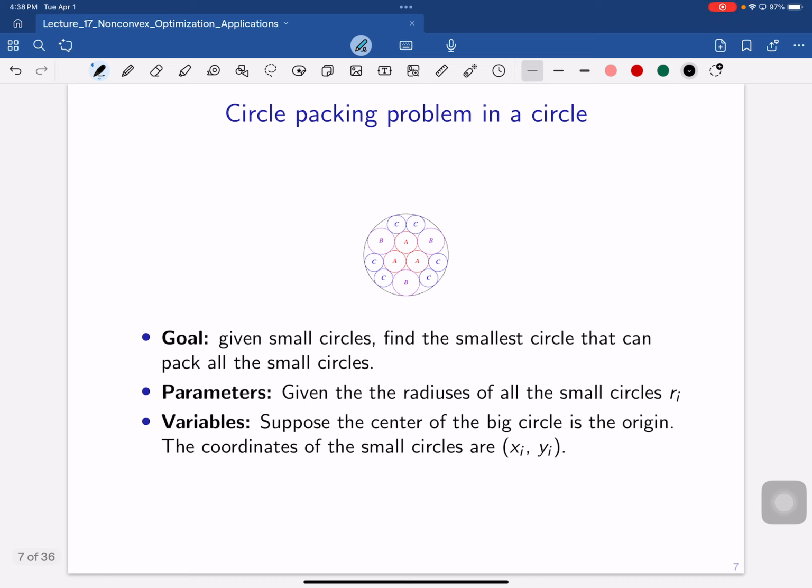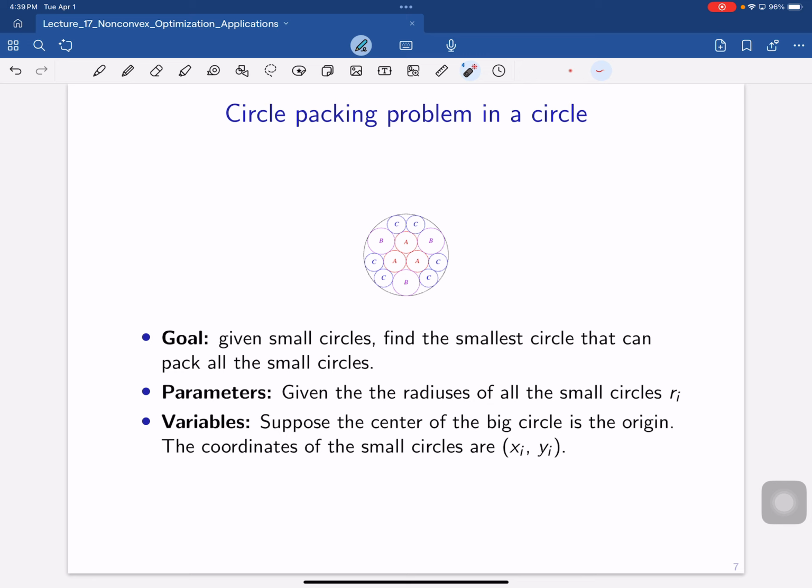Probably the simplest packing problem is packing circles in a circle. The problem statement is the following. We are given a number of small circles, and we need to find the smallest circle that can pack all the small circles.